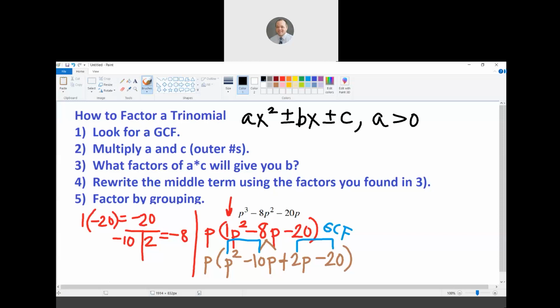Now the first two terms, and I'm bringing down the GCF P that we pulled out in the very beginning. The first two terms have a P in common. Now when we pull out the letter P from the first two terms, what remains is P minus 10.